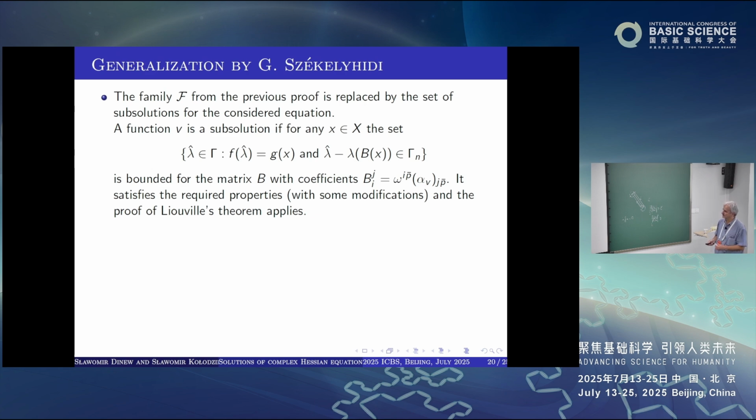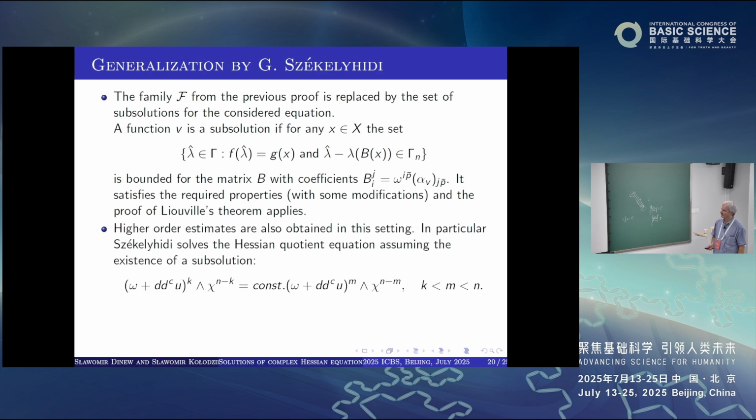Of course, he also had to work with a modification of the Hou-Ma-Wu estimate, and finally he obtained solutions of both just Hessian equations, but also Hessian quotient equations with constants here.